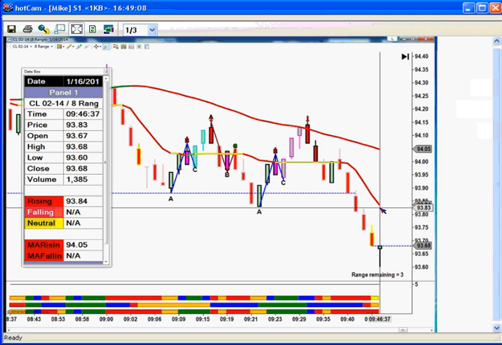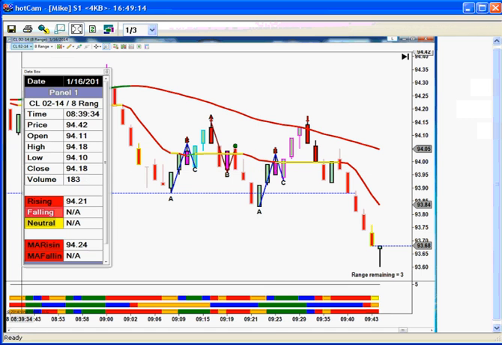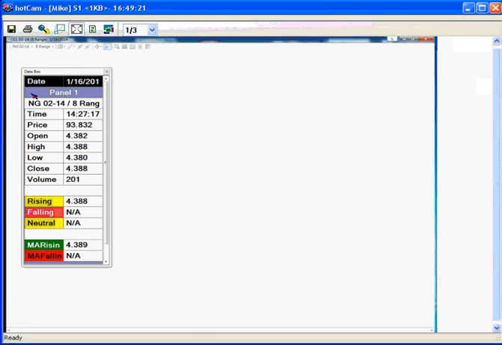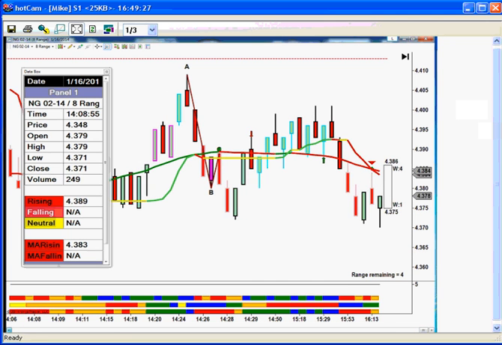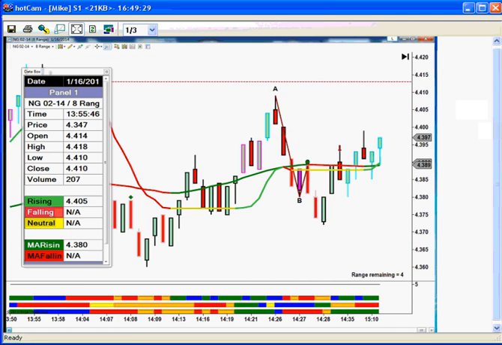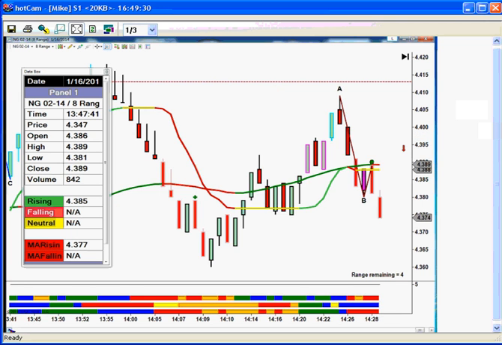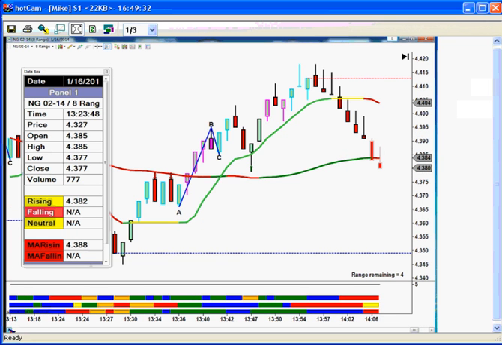The other thing I want to show you, and I think it's a great, great instrument to trade, is natural gas. Let me just switch this over. Same 8 range. Let me just switch this over to natural gas. Now today, natural gas had their contracts. They announced how much was used.